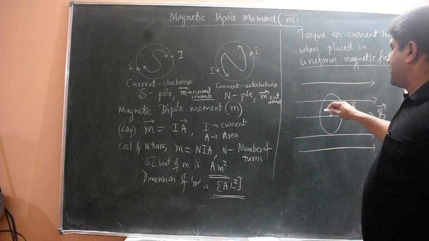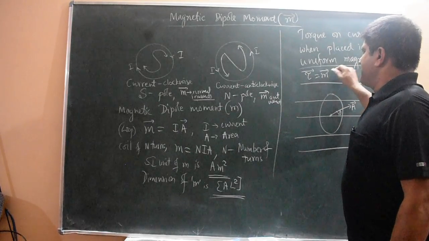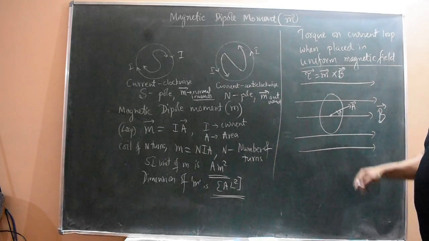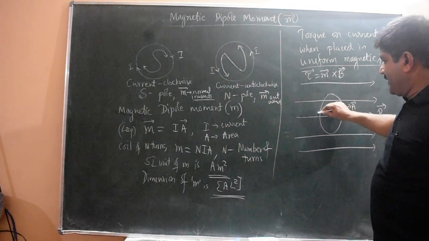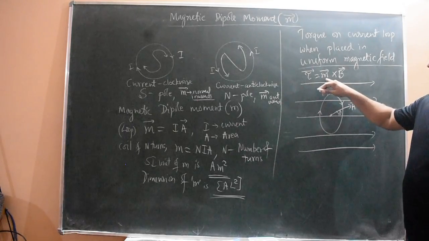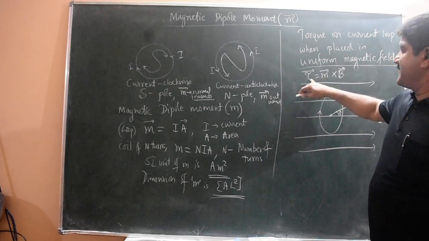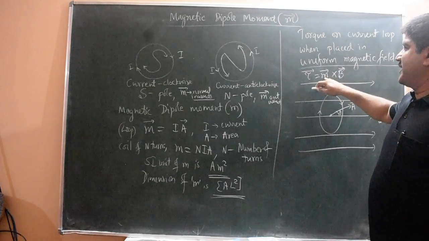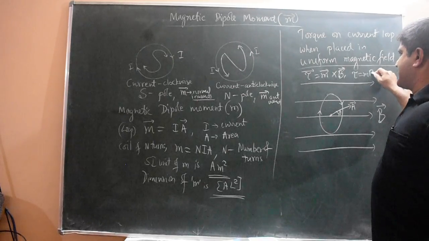It experiences a torque, and the torque is given by tau equal to M cross B. Whenever a current carrying loop is placed in an external magnetic field, it experiences a torque given by the vector expression M cross product with the B vector, M vector cross product with B vector. And the magnitude of torque is MB sin theta.